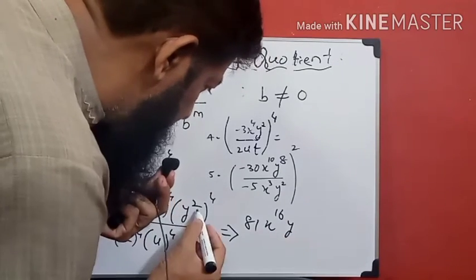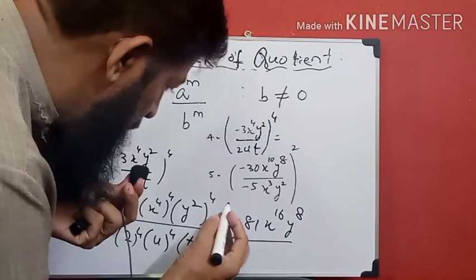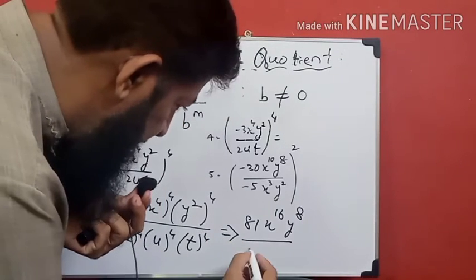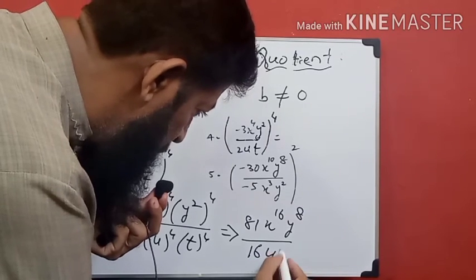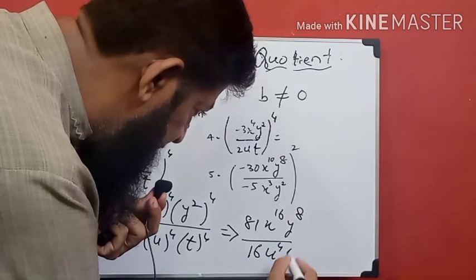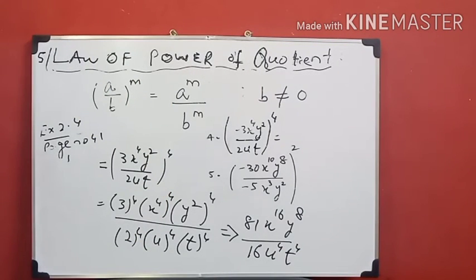Similarly, y raised to power 2, 4 twos are 8. And now 2 raised to power 4 comes as 16. And u^4 t^4. This is the answer of question number 4.